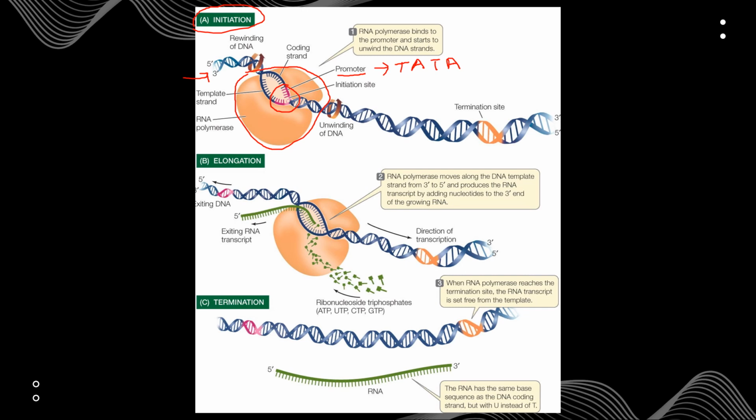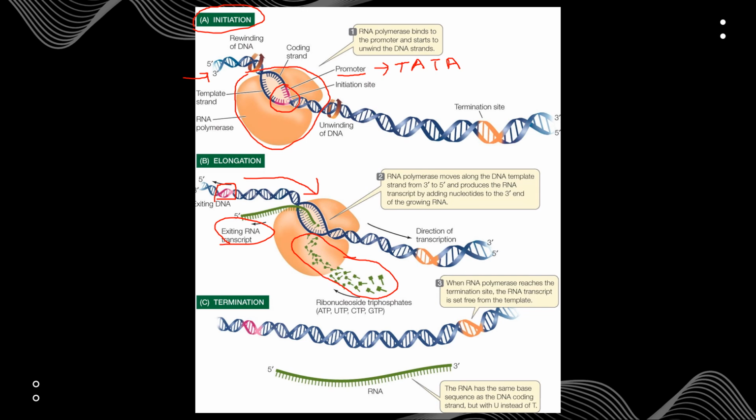Then we go into the next step of the process. So we started over here at the promoter region, and RNA polymerase basically goes along the DNA, transcribing what it needs to. So how RNA polymerase transcribes and comes up with this RNA transcript is it basically matches these nucleotides that are just floating around in the nucleus.